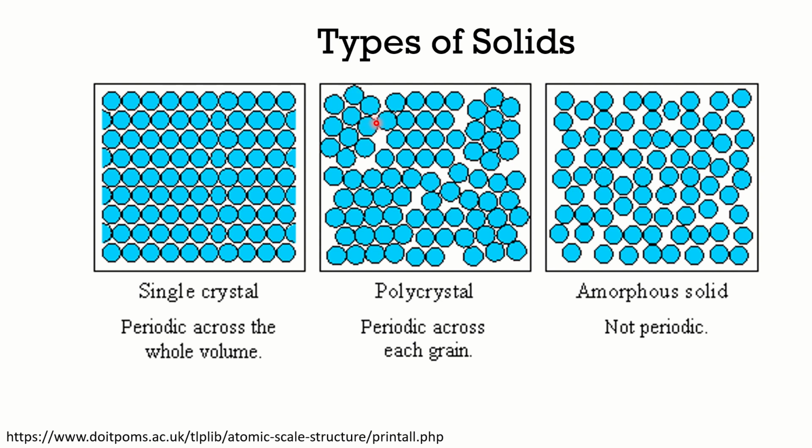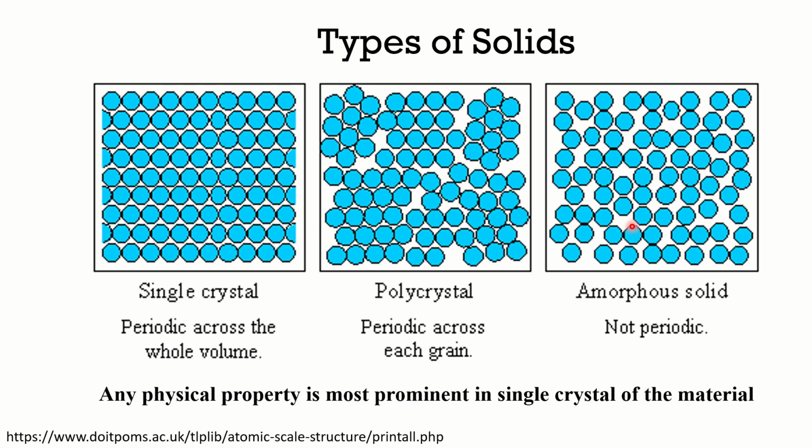Here you have periodicity and regularity of the constituents. However, they are not arranged regularly or periodically over the entire volume, but over small regions. And amorphous solids, which we have already discussed, are not periodic at all. The constituents are arranged very randomly.